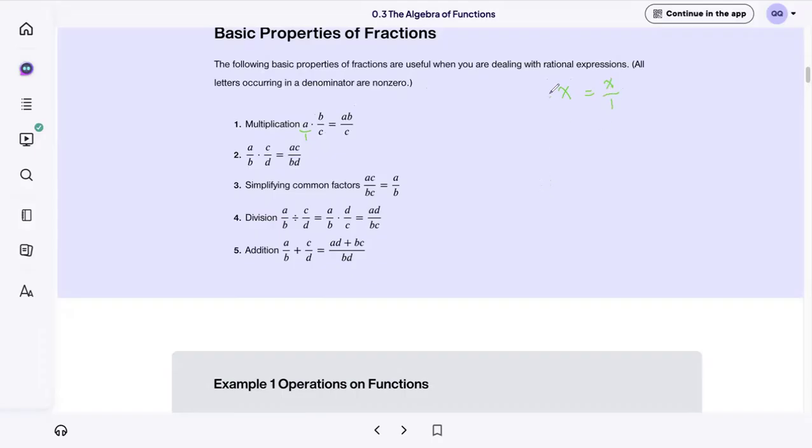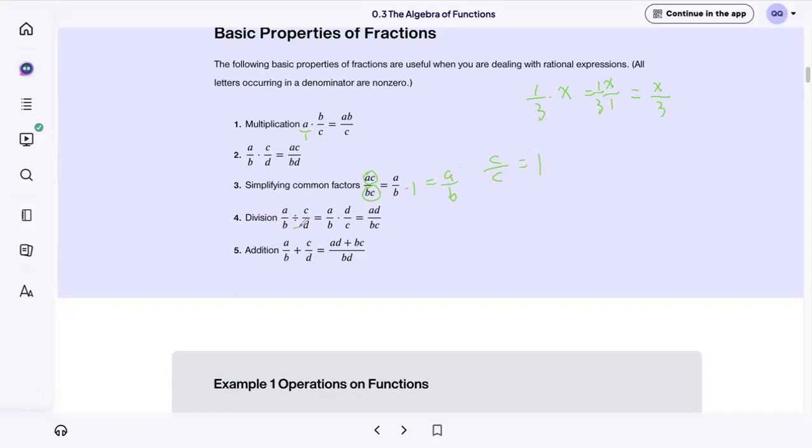So when we multiply with 1/3, I just multiply numerator with numerator, 1 times x, x, and 3 times 1, 3. If the numerator and the denominator have a common factor of c, it can be simplified, because what is c divided by c? That's 1. Right? So a times c divided by b times c, multiplied by 1, of course, is still a divided by b.